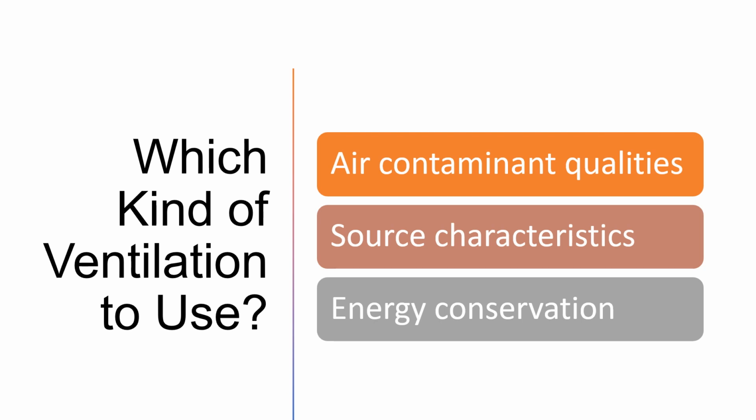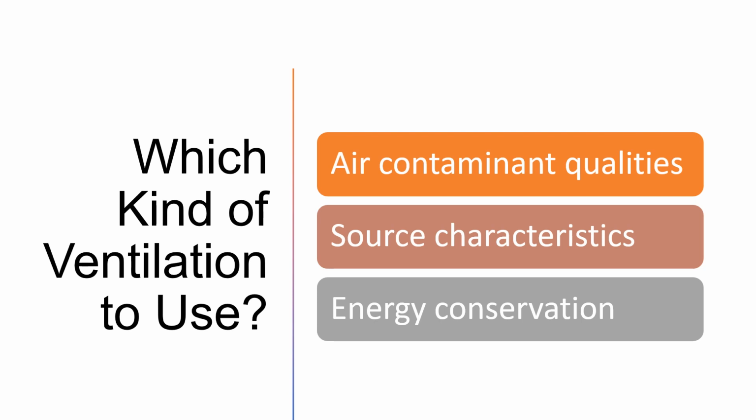You also need to consider air treatment. So are you using other methods of air cleaning in addition to the ventilation? And you need to consider energy conservation. Is it going to cost too much to use local exhaust ventilation when using dilution ventilation can be done in a satisfactory manner?